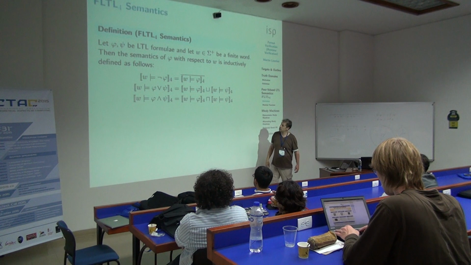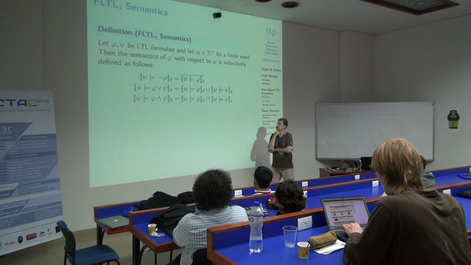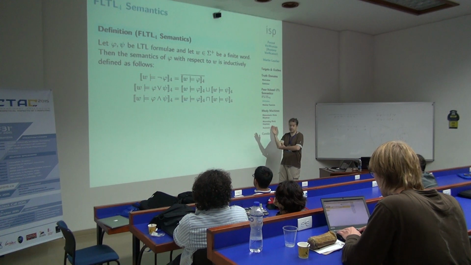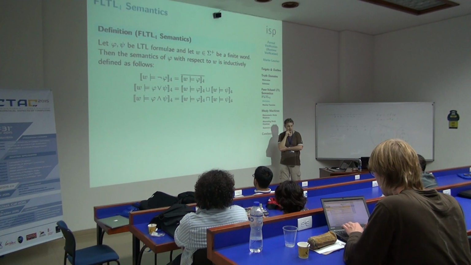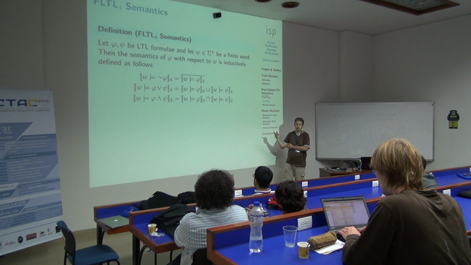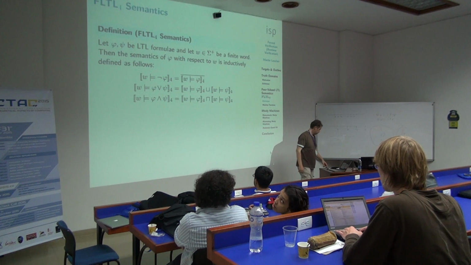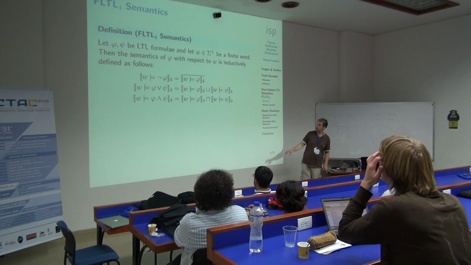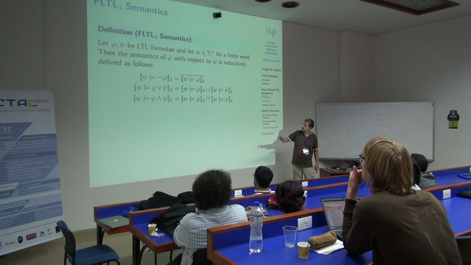And what about negation? To which extent does W satisfy not phi? Well, let's check to which extent it satisfies phi, and then we take the dual value. So basically we do the same for the two-valued LTL as well. It's exactly the same.